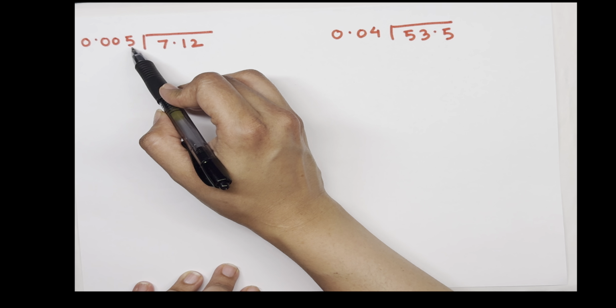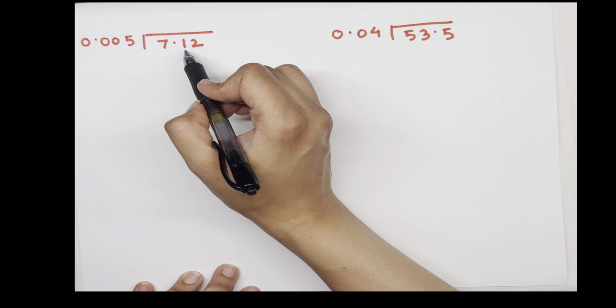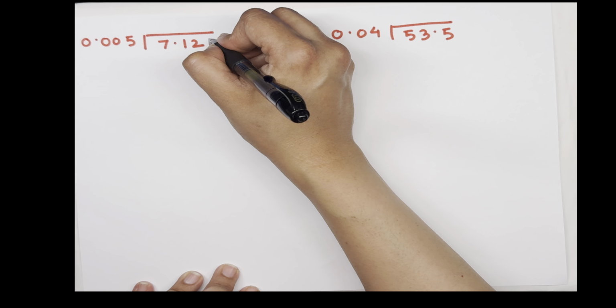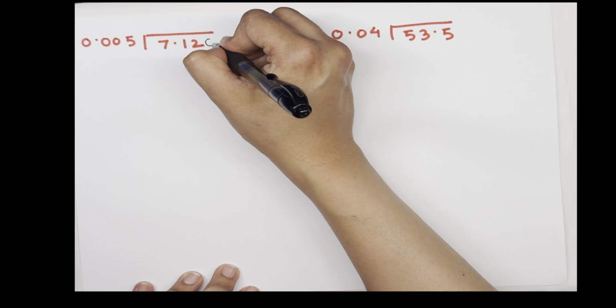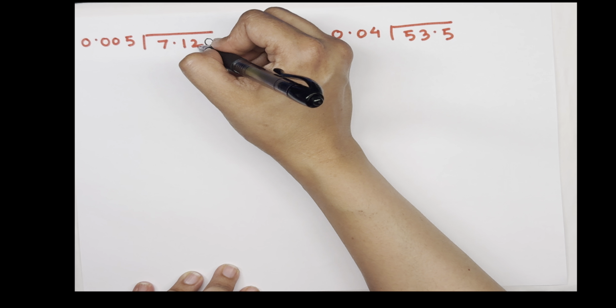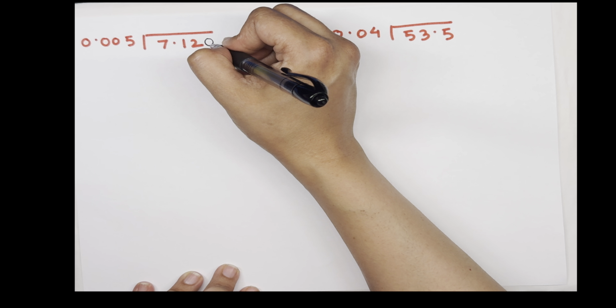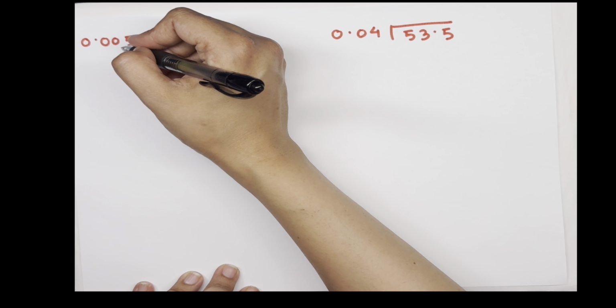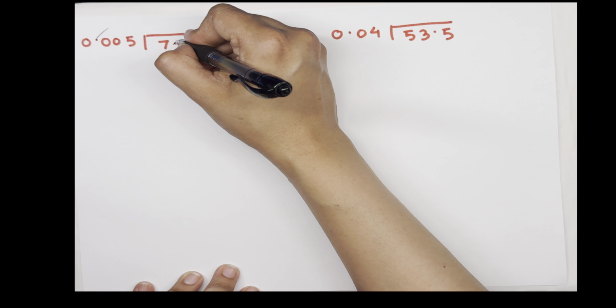3 digits after the decimal in the divisor, 2 digits after the decimal in the dividend. In order to take out the decimal, we have to have an equal number of digits after the decimal. So I put a 0 here. Now there are 3 digits after the decimal in the dividend, 3 digits after the decimal in the divisor, take them out.